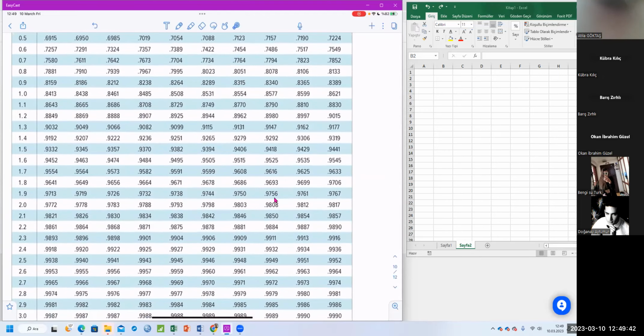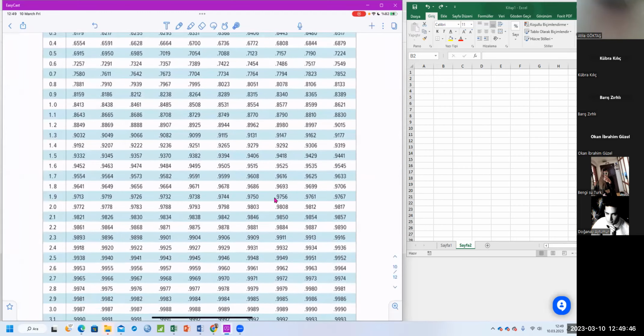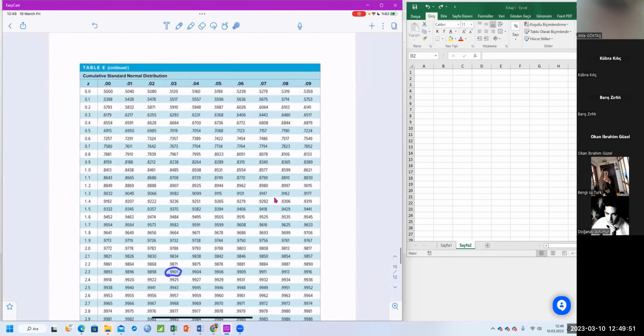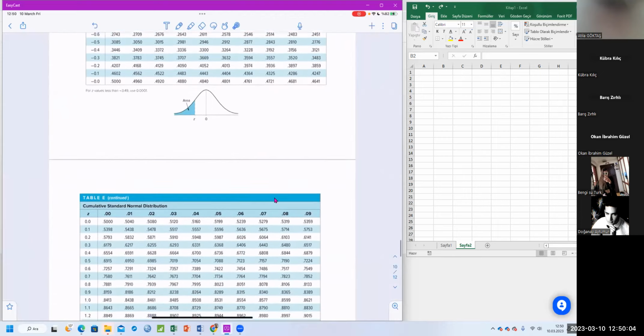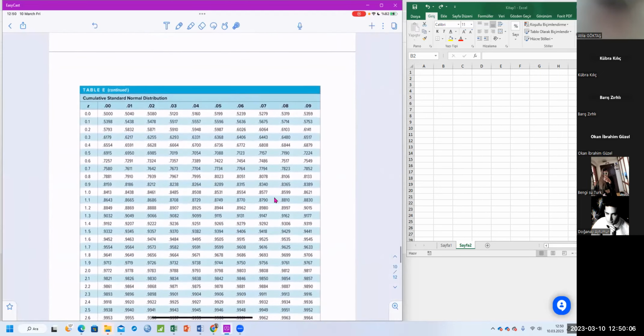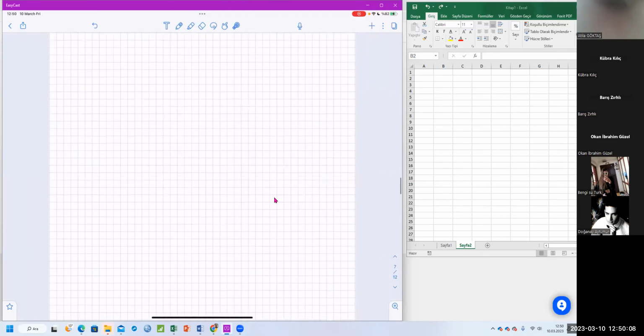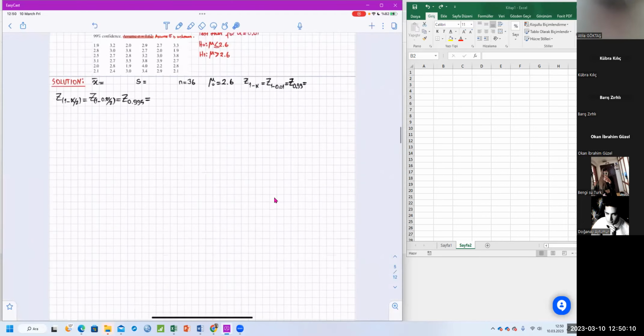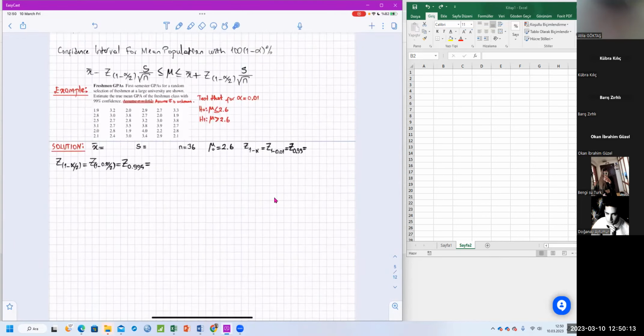Look, 0.99, this is the closest. You can approximate this value, 0.99, from the Z standard normal table. Here you have 2.3 and 0.03, so the result is 2.33. You know how to determine this value from the previous semester already, and this is determined by table E.